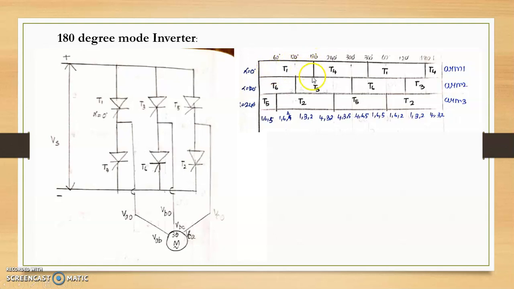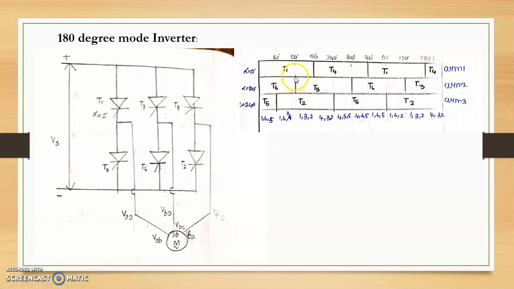Once it reaches 180 degree, the T1 switch must be off and the T4 switch has to be turned on. And again at the next 180 degree, T1 must be off and T4 must be turned on. And we know that arm 2 will have a 120 degree phase shift. So I know that my arm 2 positive cycle switch must be turned on 120 degree after arm 1.